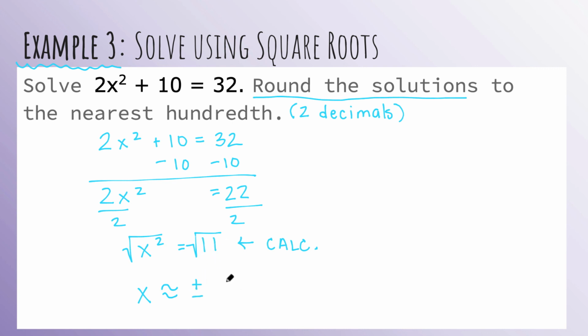When you put the square root of 11 into your calculator, you're going to get 3.31662, etc. We said we're rounding it to the hundredths place, so we're going to say x is approximately equal to plus or minus 3.32, and there's our solution.